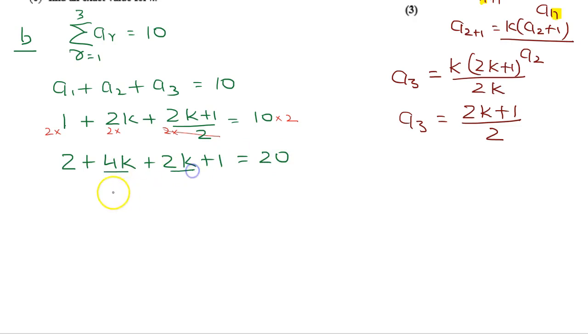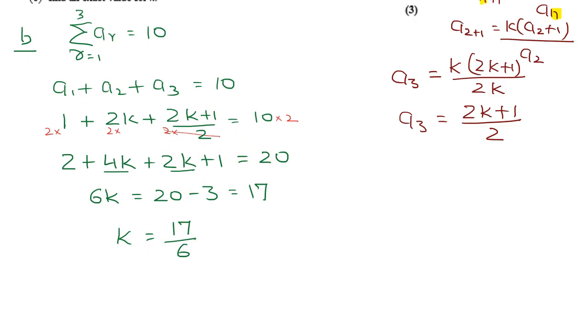These are the like terms. So 6k is equal to 20 minus 3, which is 17. So k will be 17 over 6. So that is the value of k.